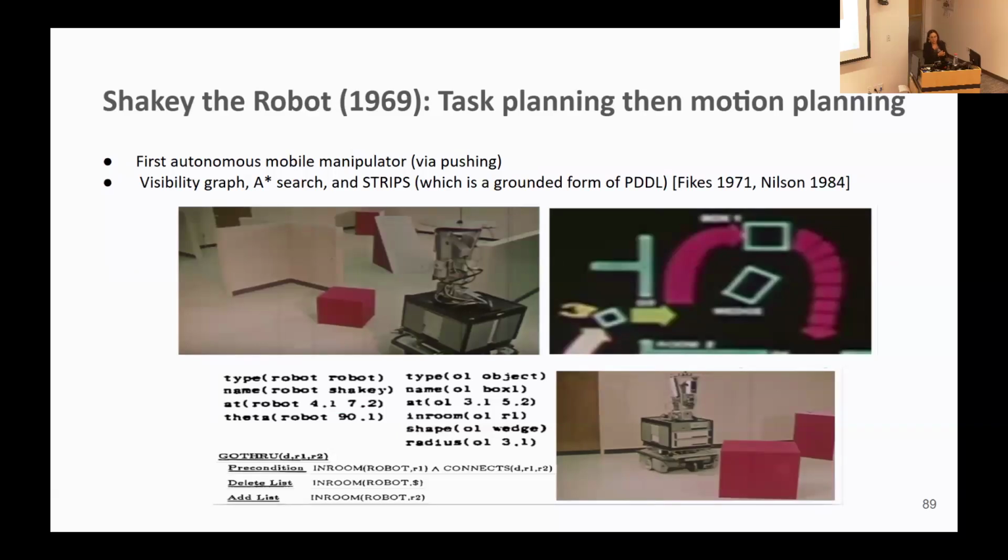This is Shakey, just to give you a motivating example. This is one of the first robots that was designed to do task and motion planning. This is actually the robot that motivated the creation of PDDL, which is the language that we saw, a form of STRIPS, the planning language, and also the creation of A-star.